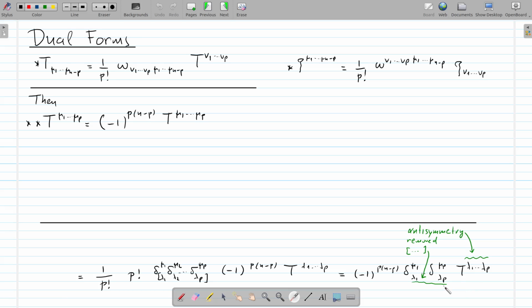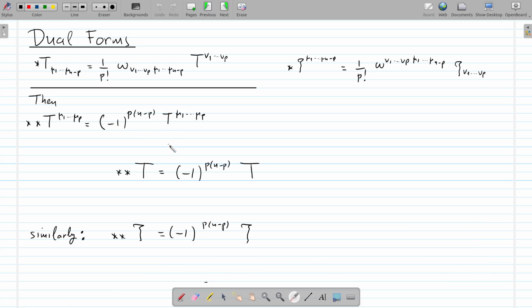So now these are simple delta functions that replace the lambda indices with new indices, and we derive the result that the dual of the dual of t is equal to itself up to a sign, and that sign is given by this minus 1 to the p times n minus p factor. A similar result can be obtained by following the exact same steps for p forms, and the relation is exactly the same.